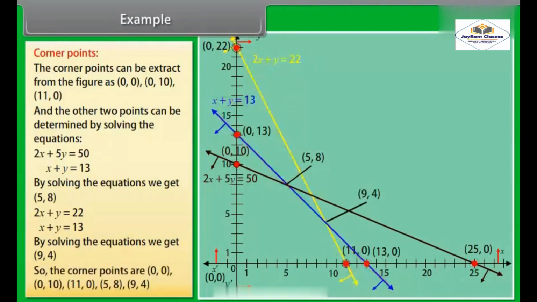So, the corner points are (0, 0), (0, 10), (11, 0), (5, 8), (9, 4).